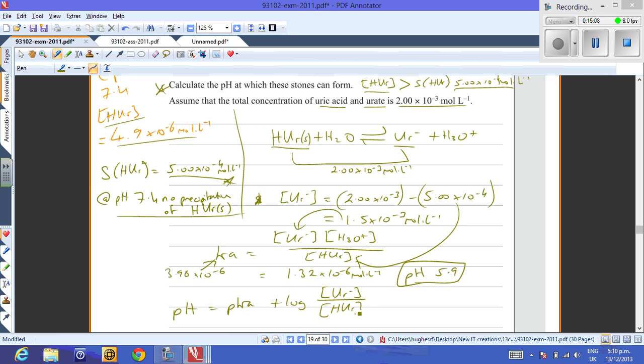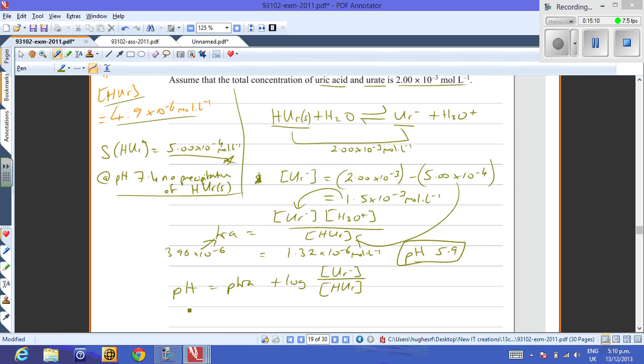So pH is equal to 5.4, which was given to you in the question as the pKa for the uric acid, plus log to the base 10 of the concentration of urate, which we said was 1.5 by 10 to the minus 3, over 5 by 10 to the minus 4, which gives you a pH of 5.9. So again, that's the pH you need in order to get precipitation of the uric acid out of solution and then the formation of these painful kidney stones.